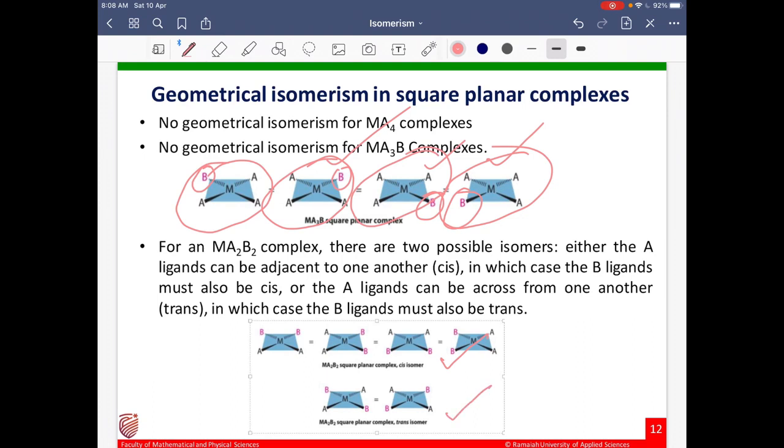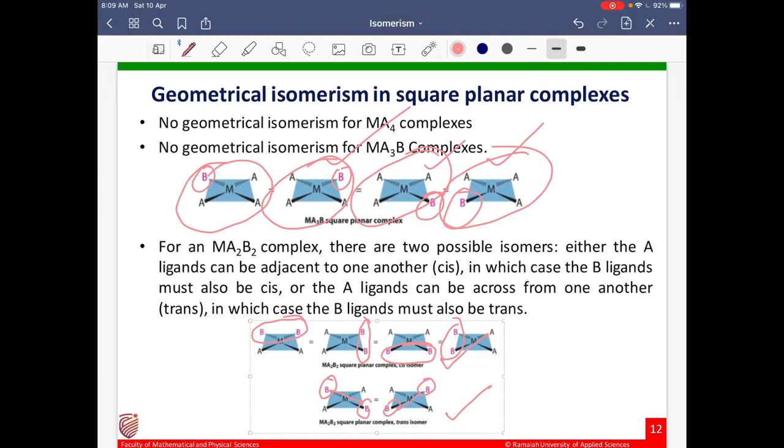Here we can see the ligands B, B, they are adjacent to each other. So this is the Ma2B2 square planar complex cis isomer. If they are in opposite direction or across, for example here B, B, they are across.